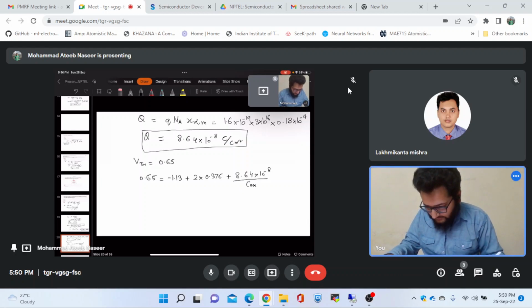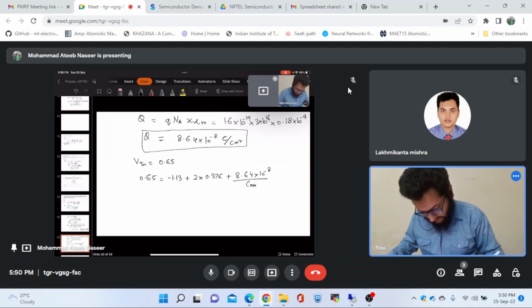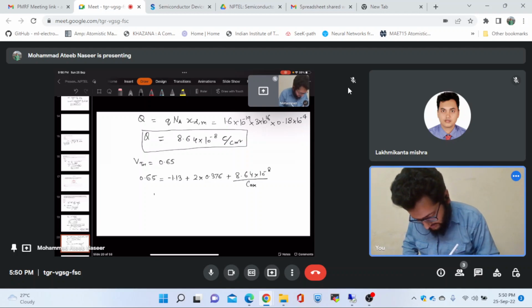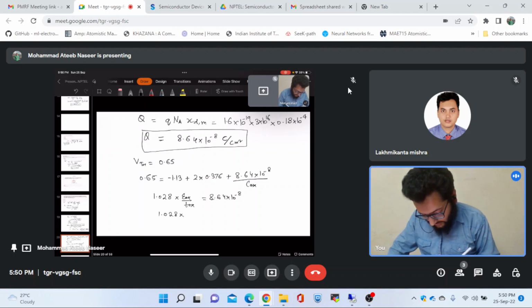Let me take this expression and solve it by taking 0.65 plus 1.13 minus 2 times 0.376, and it will come out to be 1.028, equal to 8.64 into 10 raised to the power minus 8 divided by Cox, where Cox is epsilon ox by Tox.